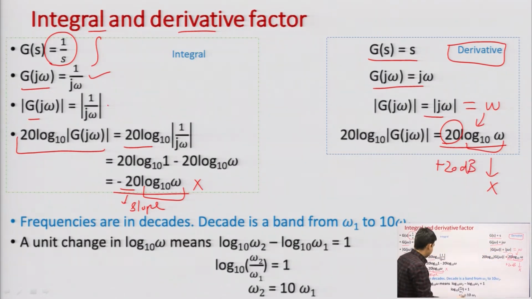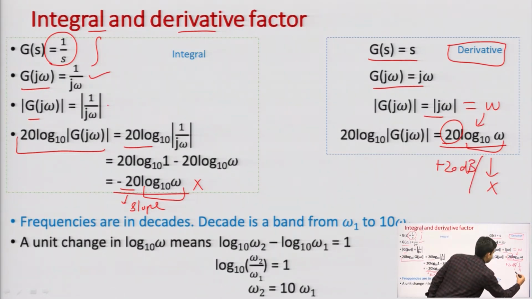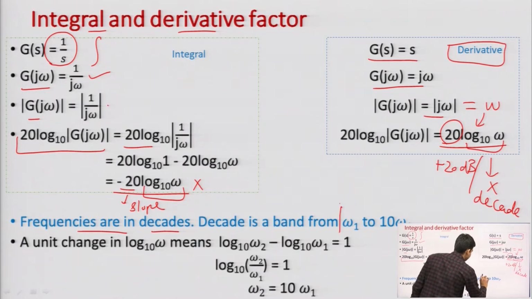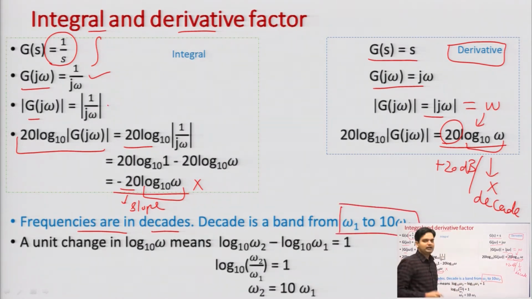Okay. So, why are we saying it is dB per decade? It means if we do the frequency hopping in the x axis, we get multiples of 10, right. So, we can say our frequencies are in decades. A decade is a band when we move from omega 1 to 10 omega 1.